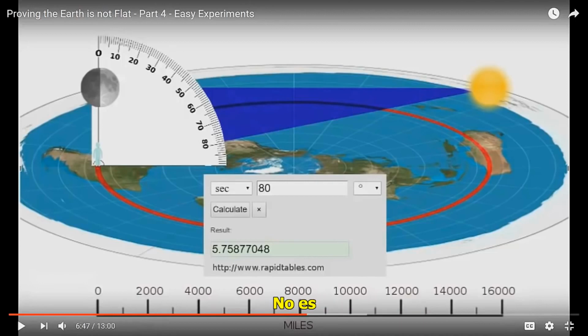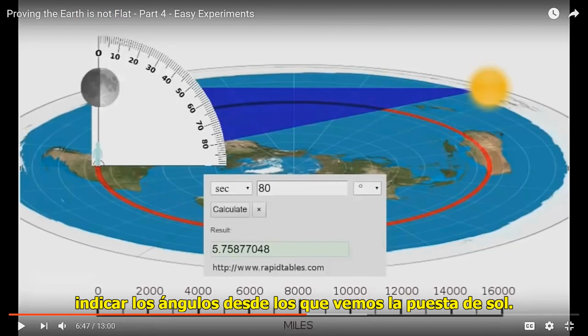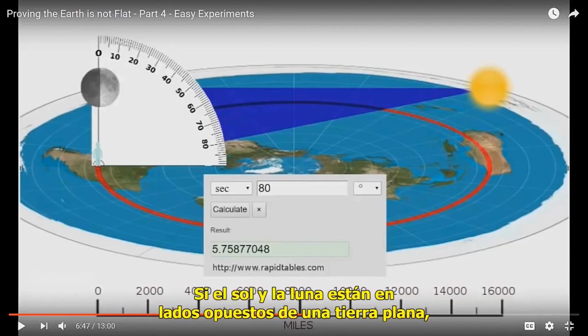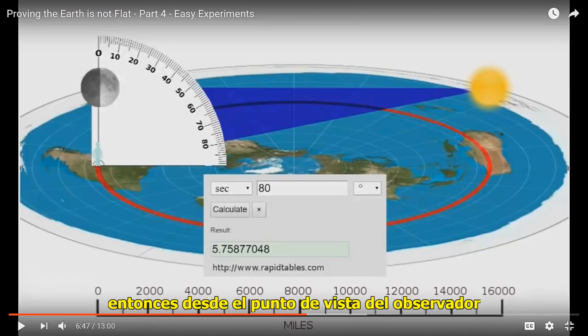He did not put in the angles at which we see the sun set. If the sun and the moon are on opposite sides of the flat Earth, then from the observer's perspective, that sun has already sunk below the horizon.